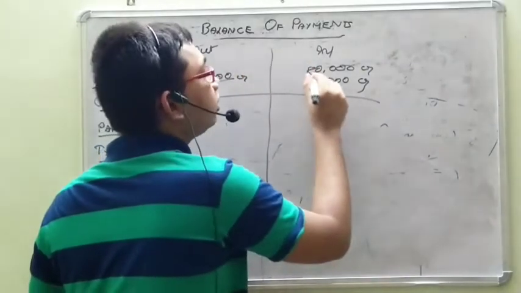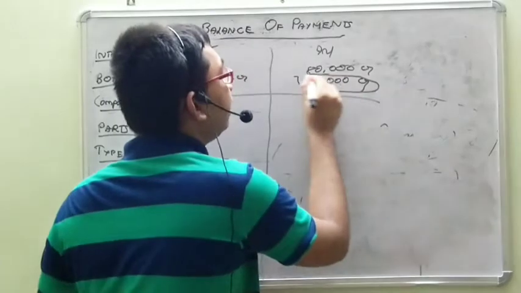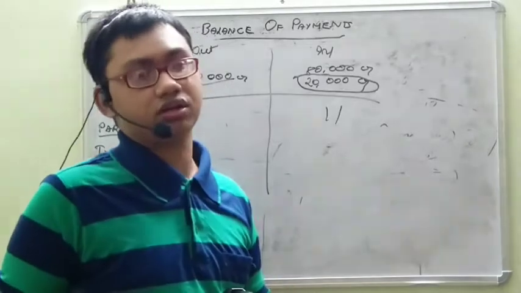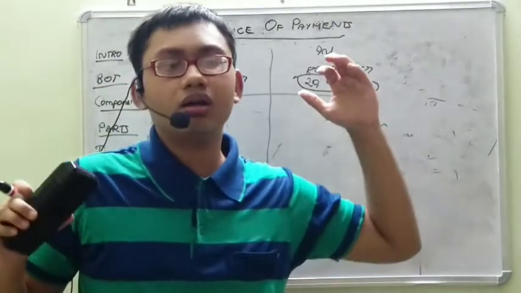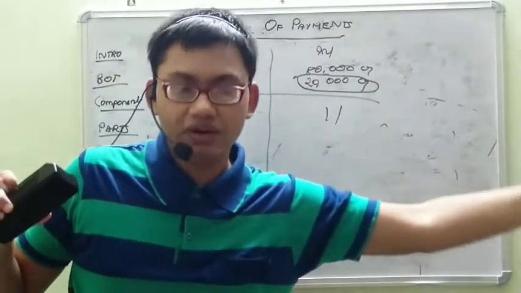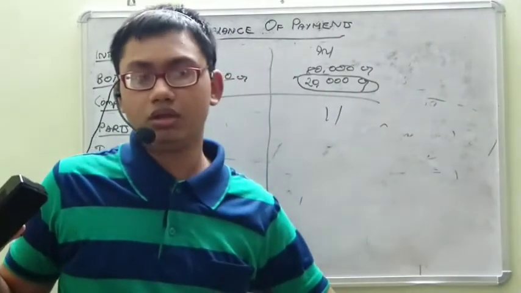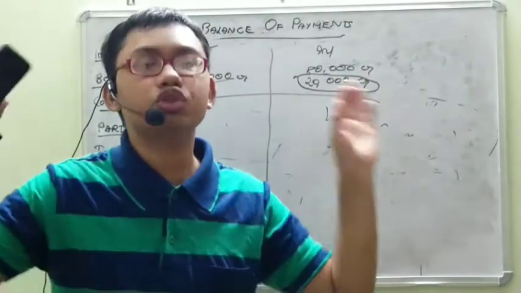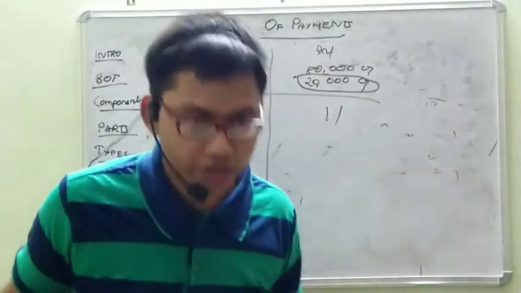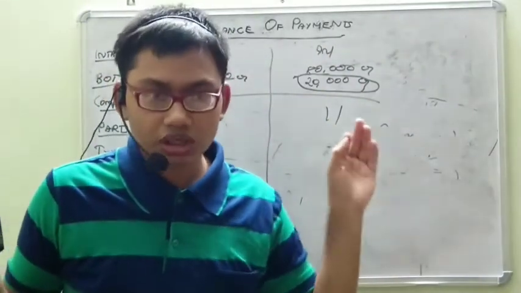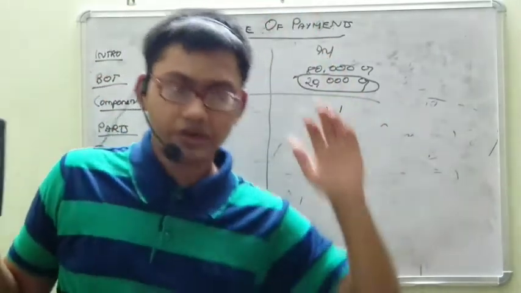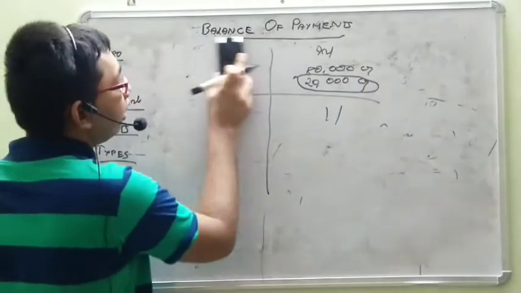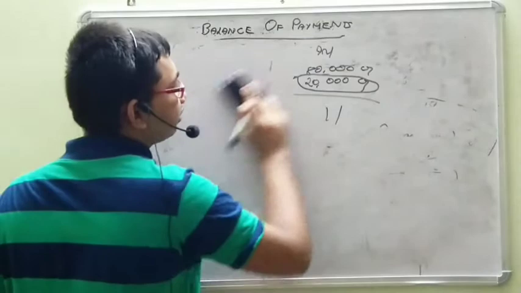This thing is done in order to stabilize the balance of payments, and it is an accommodating transaction. That is why we are separating short-term private capital and short-term official capital transactions, because any accommodating transaction will be a short-term official transaction, and short-term official transactions will mostly include reserve transactions. That is why we separate only in the case of short-term capital transactions.